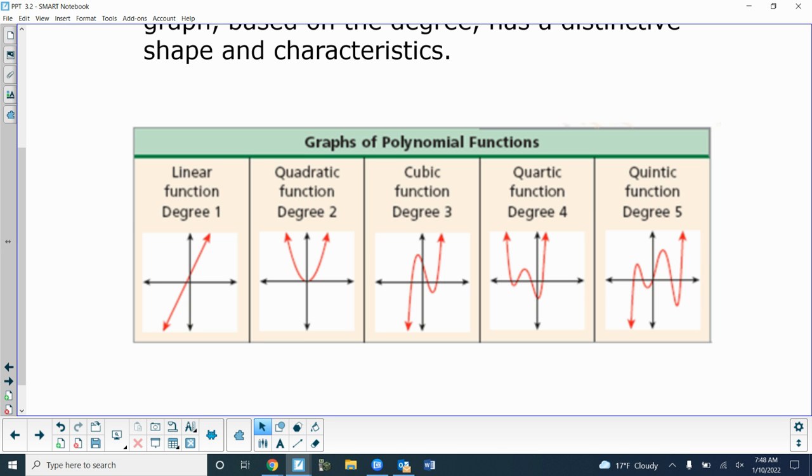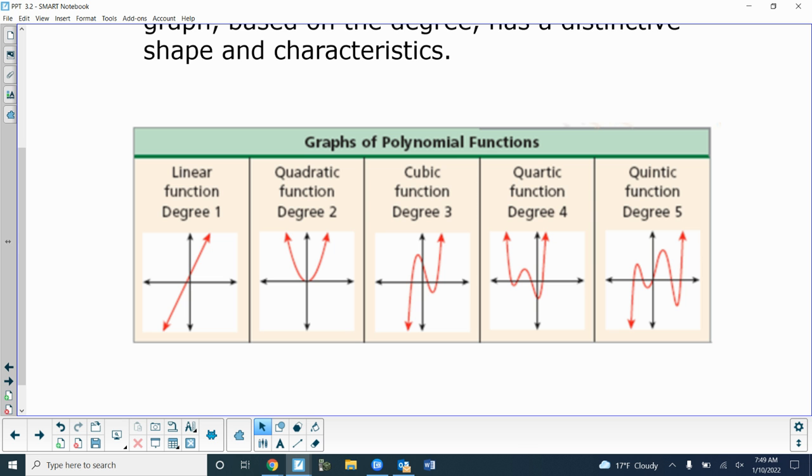Okay, so if it has a degree of 4, it has 1 less turning points, 3 turning points, where it changes direction. Okay, if we're looking at this left to right, this quintic one, degree of 5, it's increasing, and then it changes direction to decreasing, and then it increases again, and decreases, and turns again. So it has 4 turns, 4 changes in direction.